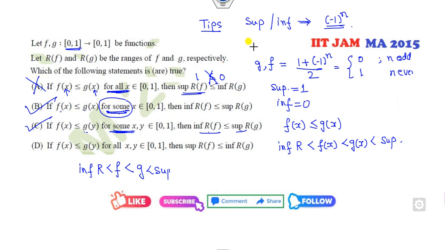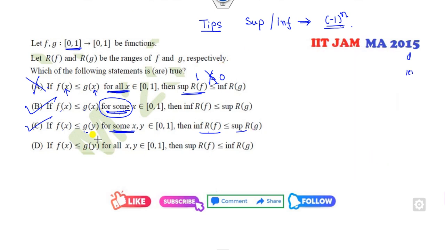Now if you look at the third option, it is for all. There is some difference. It is for all. Now f(x) is less than g(y). So definitely the supremum of f, the greatest lower bound, is less than g(y). Fine.